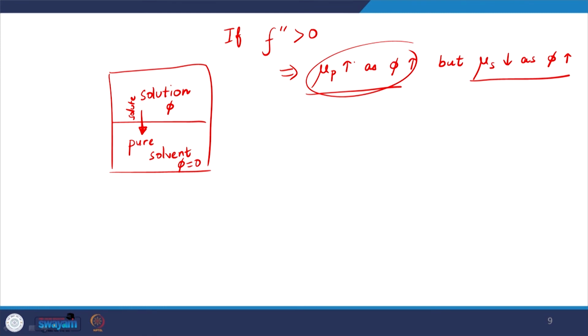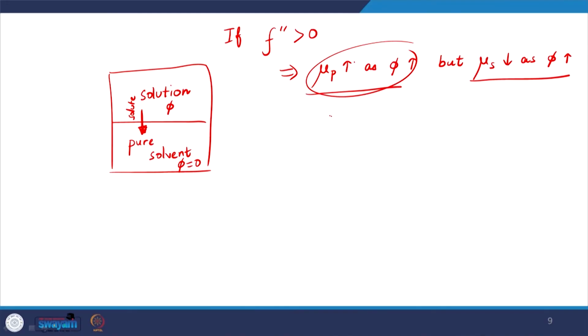So a motion of solute from the solution phase to the solvent phase is favored both by the chemical potential of solute, because that results in lowering of the chemical potential of solute, and also by the chemical potential of solvent, because an increase in phi results in lowering of the chemical potential of solvent, and therefore we have a tendency of mixing.